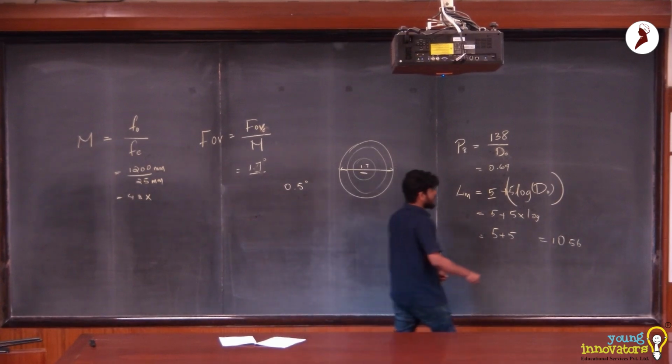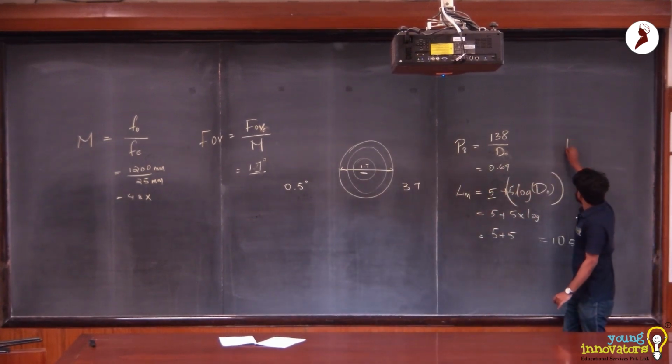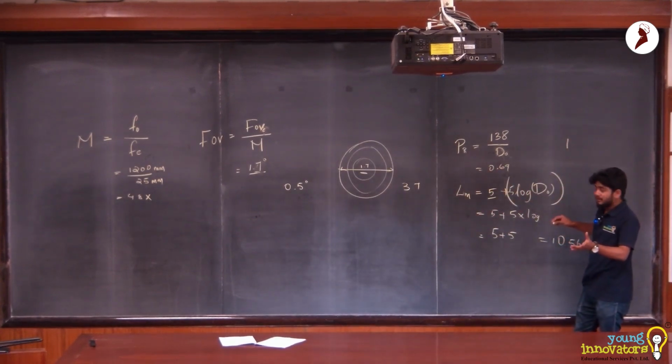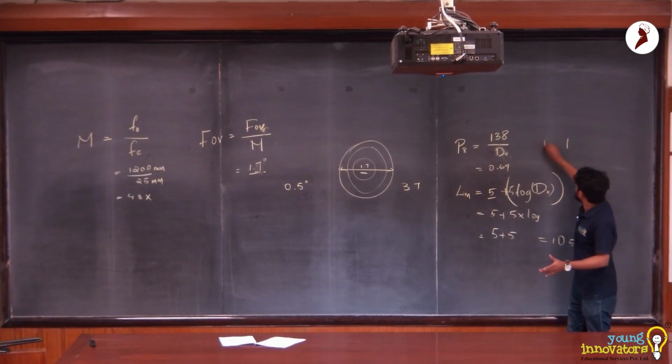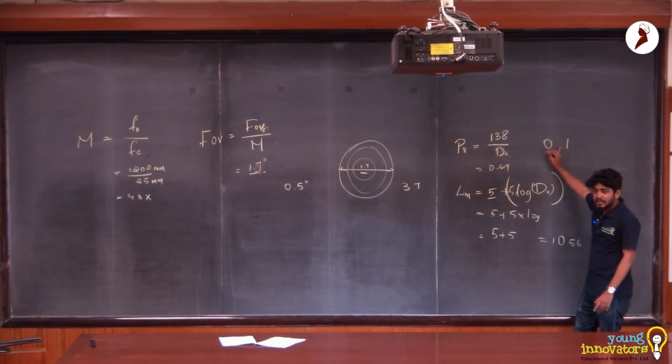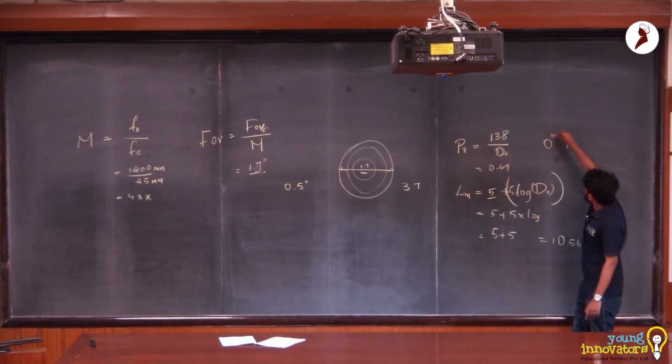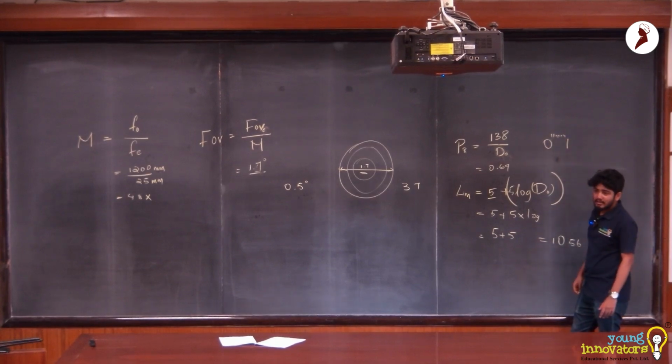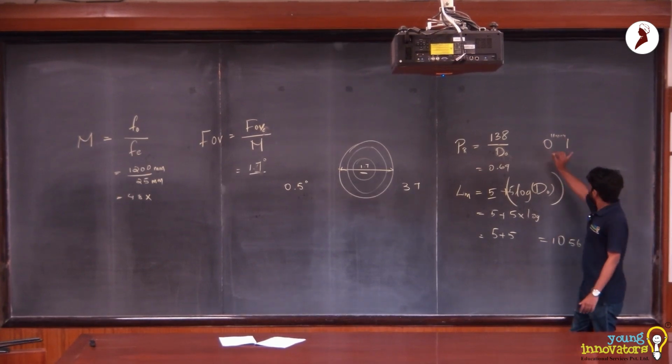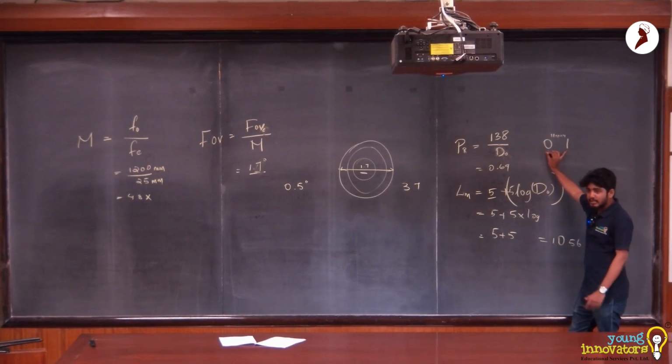Listen. On your scale, say 0 to 1 centimeter, you have subdivisions on it, right? How many millimeters in a centimeter? 10 millimeters is 1 centimeter. What about 100 millimeters? 10 centimeters.